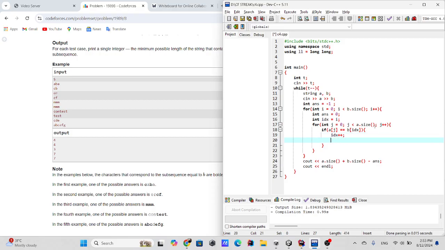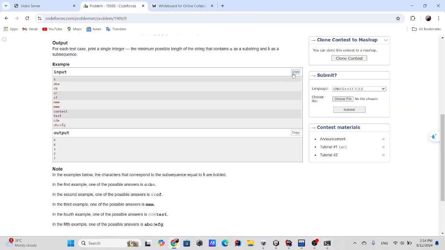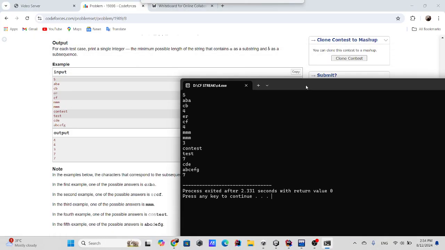No, this should be temporary. Yeah. I think this is pretty correct, is it?